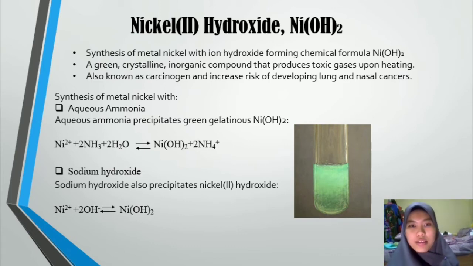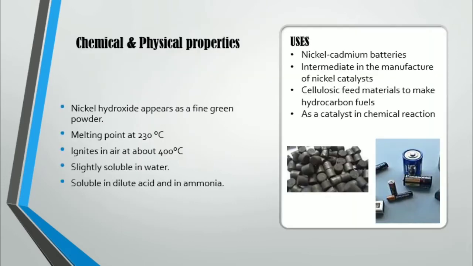Metal nickel can be synthesized with two hydroxide solutions, which are aqueous ammonia and sodium hydroxide. These two solutions will react with metal nickel and form a green gelatinous precipitate. The picture shows the formation of the green gelatinous precipitate.